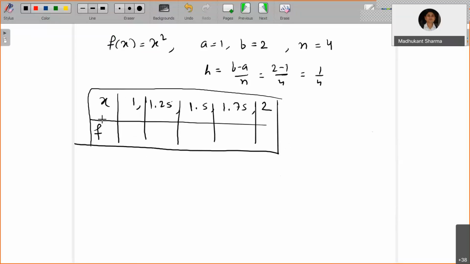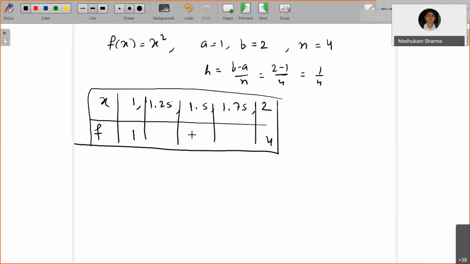So f of x is x square, so 1 square is 1, 2 square is 4, and now you can work with these values. Okay, so you can fill this using the calculator. So I will use the calculator now and let's complete it.